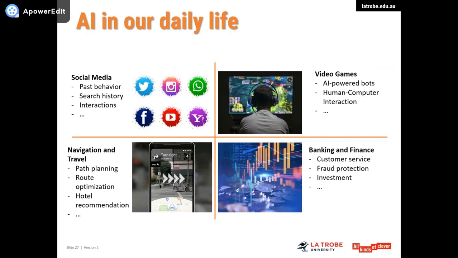Also in social media, AI is usually used to learn the behavior of the user. The AI will recognize what kind of content this user prefers to read, whether they prefer movies or music, what kind of music he or she likes, or what kind of news he or she prefers.